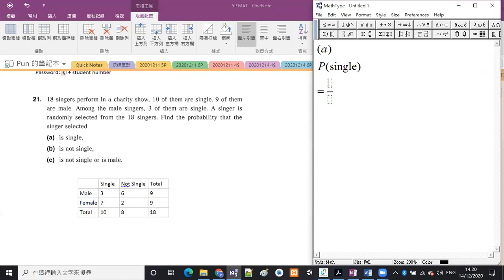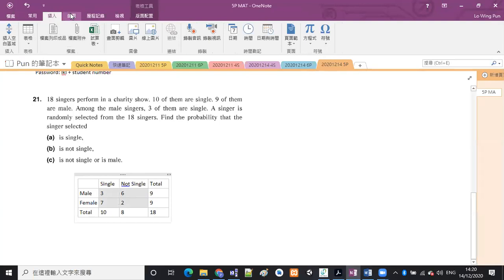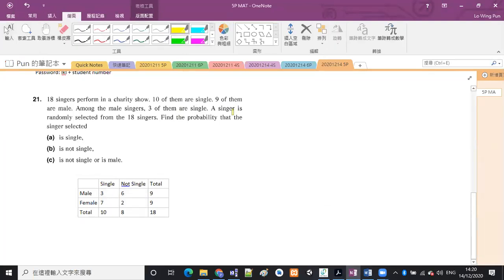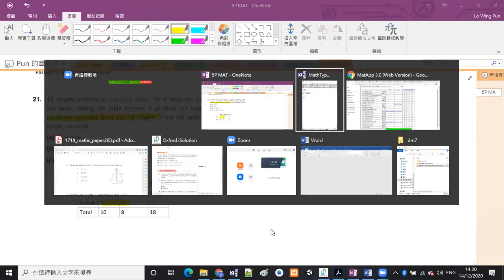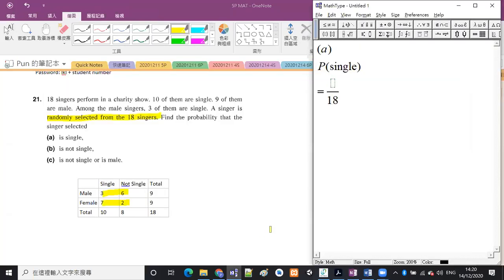This time, where are we selecting from? Let me check the question carefully, because where we select from is very important. A singer is randomly selected from the 18 singers. So we are selecting from those 18, that is, from these 4 cells. That means the denominator should be 18. How many of them are single? Among the 18 singers, how many of them are single? Well, actually, this is already given directly. It is 10.